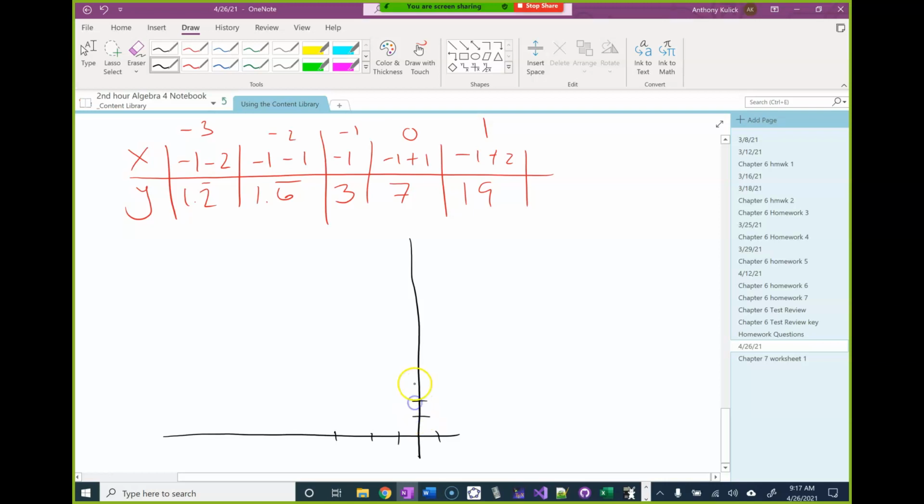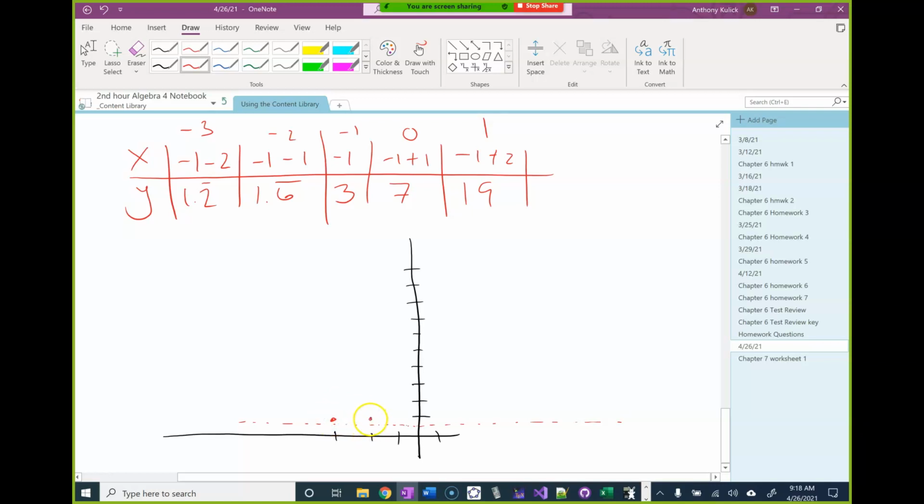So 2, 4, 6, 8, 10, 12, 14, 16, 18, 20. I'll draw in my asymptote, which is at y equals 1. There's my asymptote.